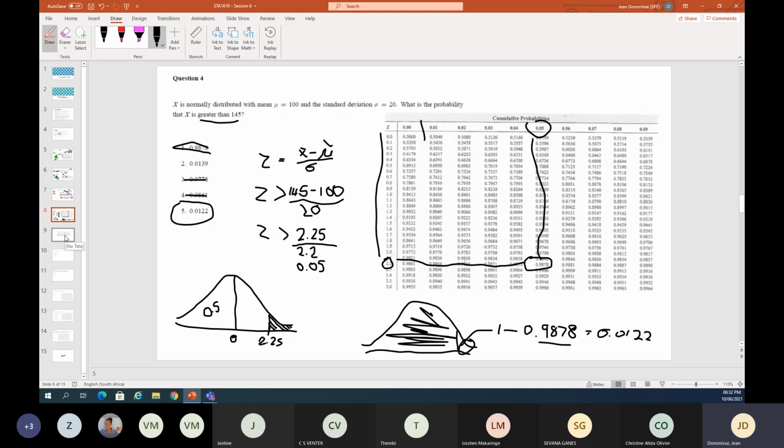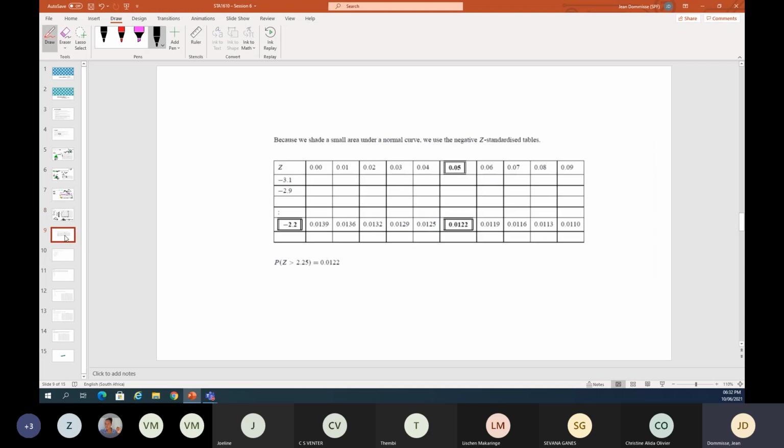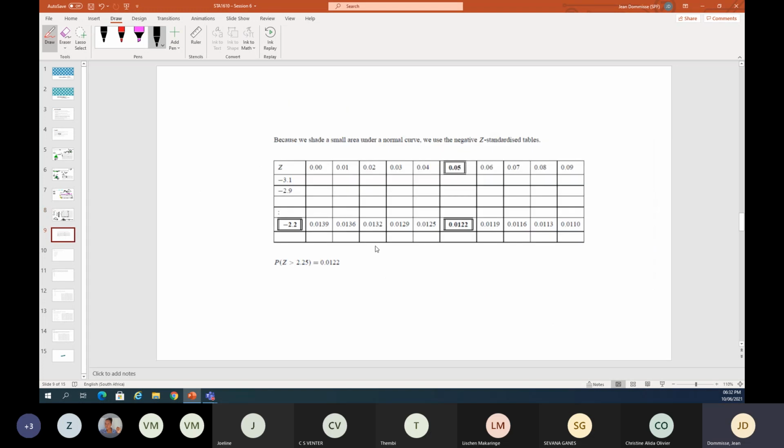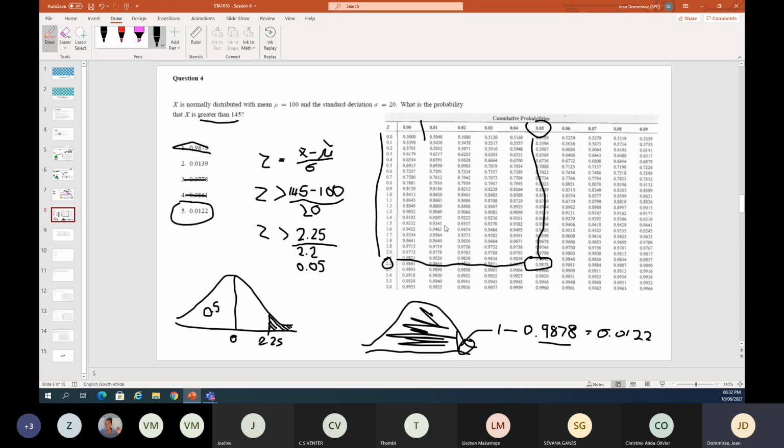Let's quickly see what is the next one. Oh, okay, that was just showing that, because of the symmetry, we could have looked at the negative table for minus 2.25 and gone straight to get that answer.